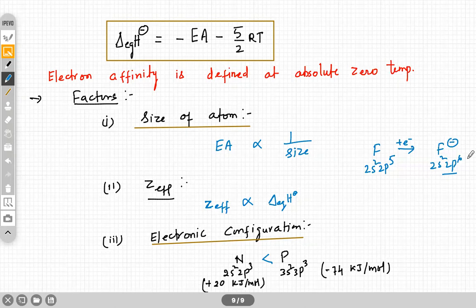If electron gain enthalpy is negative, electron affinity is positive. So phosphorus has electron gain enthalpy of minus 74, nitrogen has plus 20. So electron affinity of nitrogen is minus 20, and that of phosphorus is plus 74.